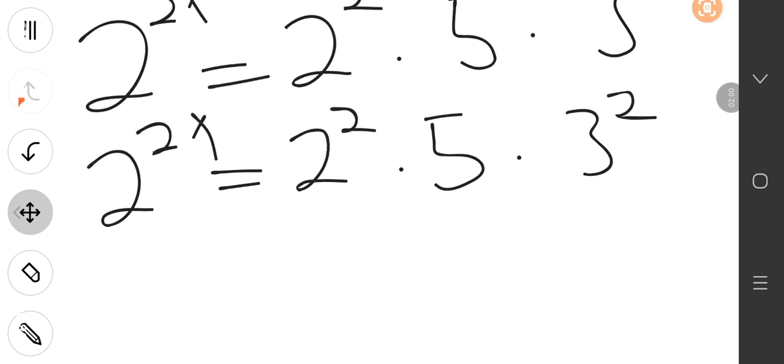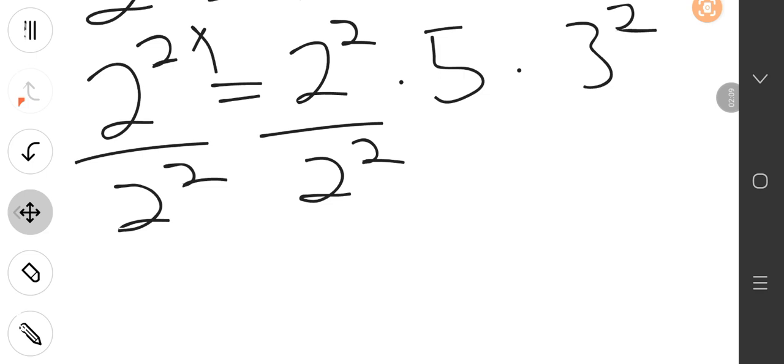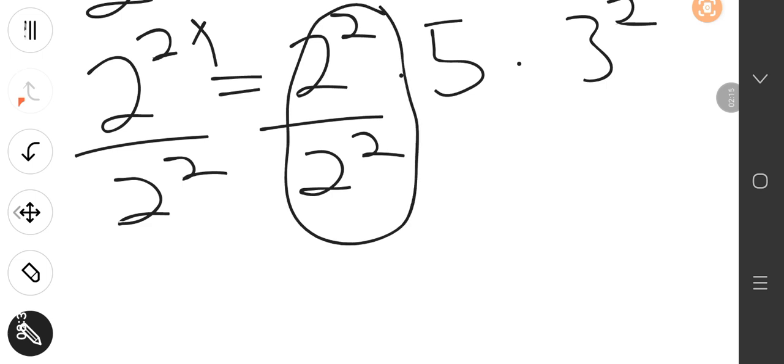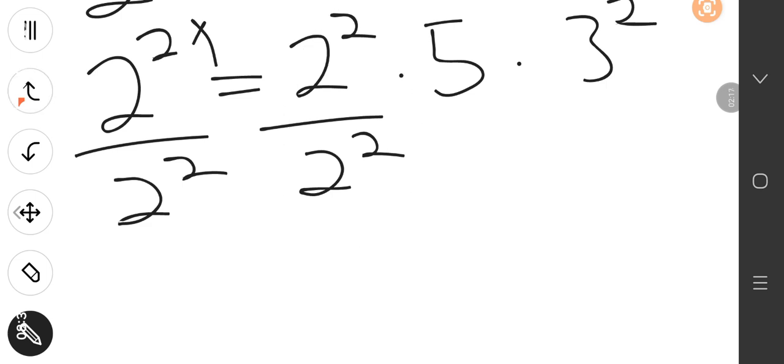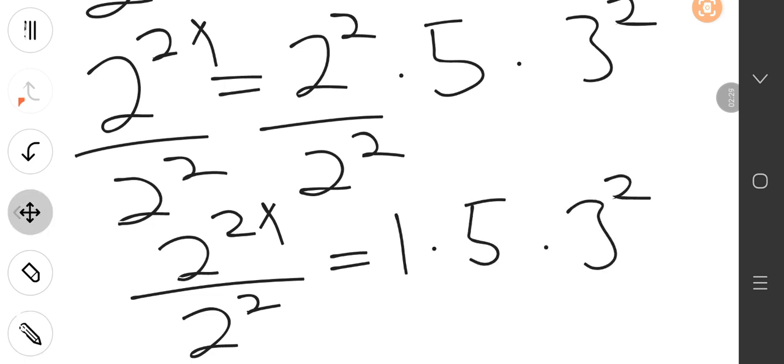Now let's divide, okay? Let's divide here by 2 exponent 2 and then here by 2 exponent 2, in order to apply the quotient rule. So by inspection or by observation, we can see this part will give us 1, okay? So our equation becomes, okay, 2 exponent 2x over 2 exponent 2 equals, okay, 1 times 5 times 3 squared.